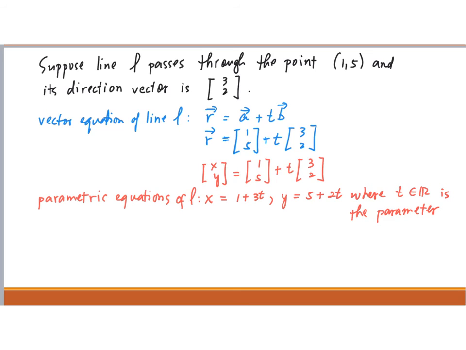And this is why these x and y equations are called the parametric equations of the line L.